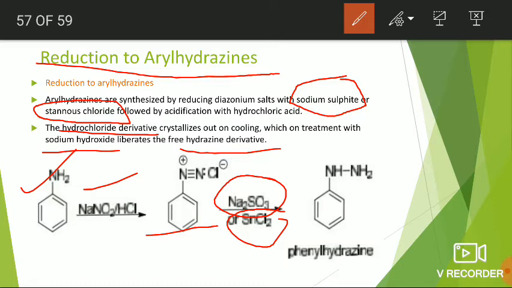This aryl hydrazinium salt is further converted into free aryl hydrazine on treating with base, that is we get this aryl hydrazine, that is phenyl hydrazine. So this is the best method to convert aromatic amines into corresponding aryl hydrazines through formation of aryl diazonium salts as intermediate.